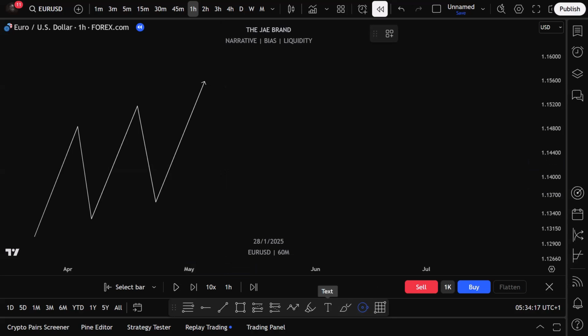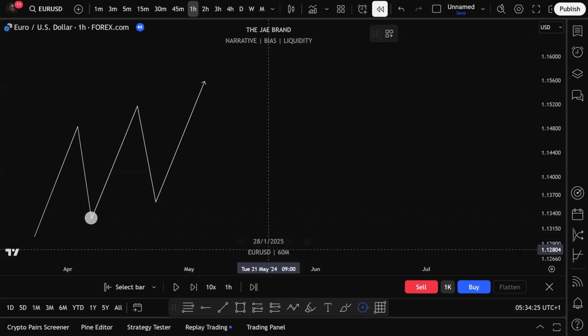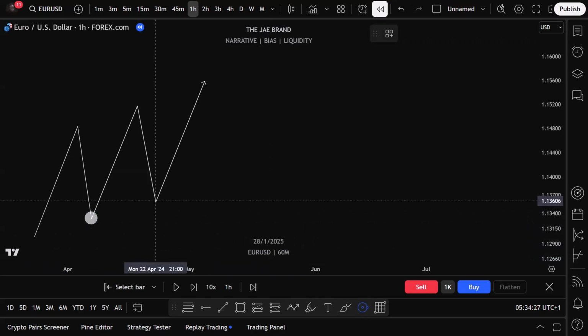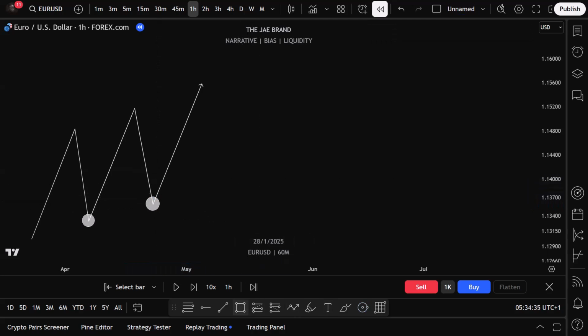Okay, now pay close attention to my diagram. This is the first template. If you understand market structure in this format, I'm pretty sure it will help your trading psychology and also help you make your first $1,000 in the Forex market.